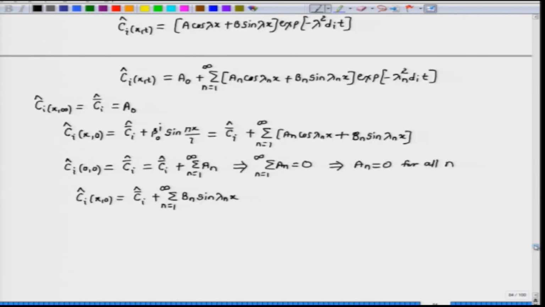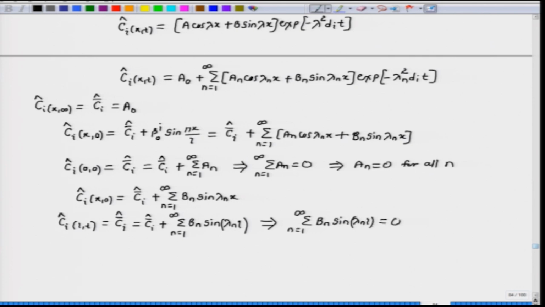Now, I use the second boundary condition, that is at x equal to L. C_i cap at L and t should be equal to C_i bar cap, and if I substitute in this, I get C_i bar cap plus sigma n equal to 1 to infinity B n sin of x is L, so lambda n times L. Again this means summation of B n sin lambda n L equal to 0.